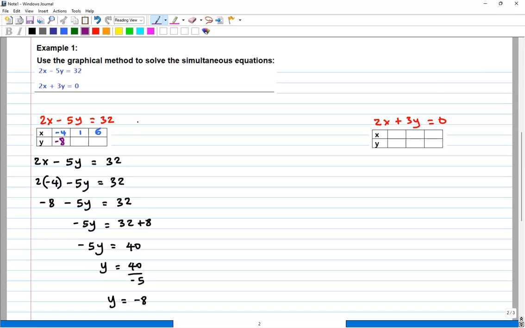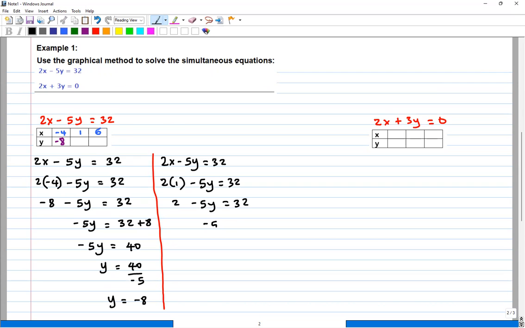Okay, next. Still we have the equation as 2x minus 5y is equal to 32. This time x is 1. So we have 2 times 1 minus 5y is equal to 32. So 2 times 1, it is 2. So minus 5y, it is 32.